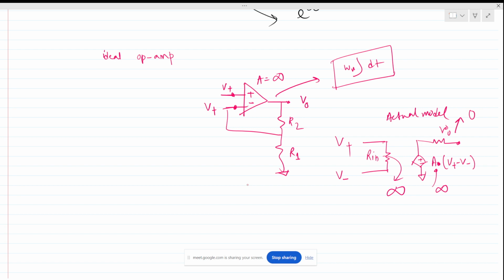Now we will talk first about negative feedback. Negative feedback means that in our circuit there may be many disturbances, like temperature disturbance, or disturbances from nature, and they will hamper our circuit in open loop configuration.